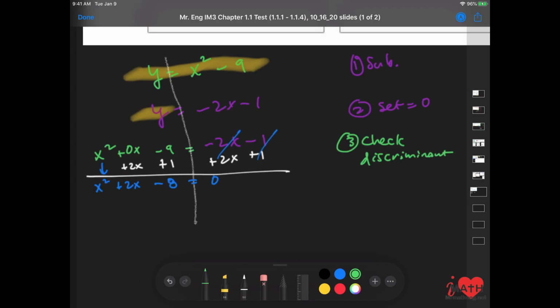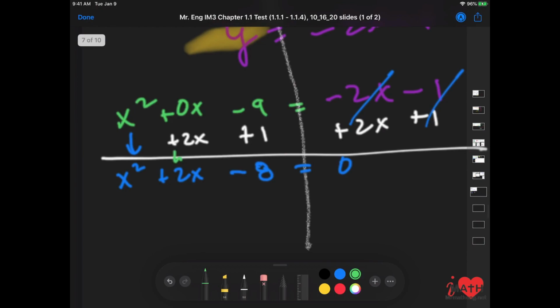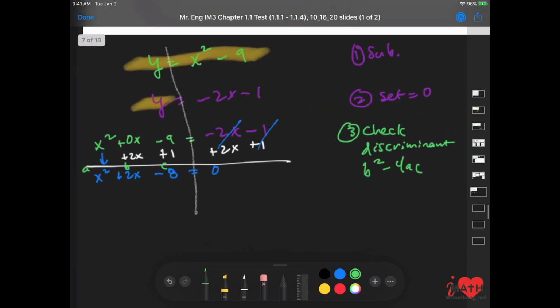Okay, what is the discriminant? It is b squared minus 4ac. Okay, my a value, b value, and c value. So a is 1, c is -8, and my b value is +2.